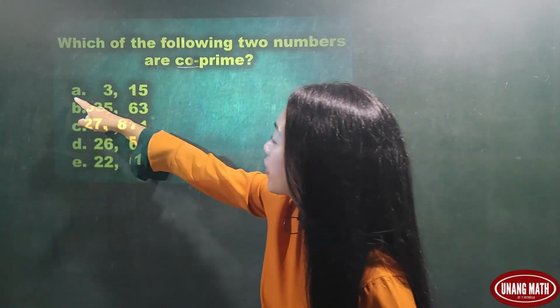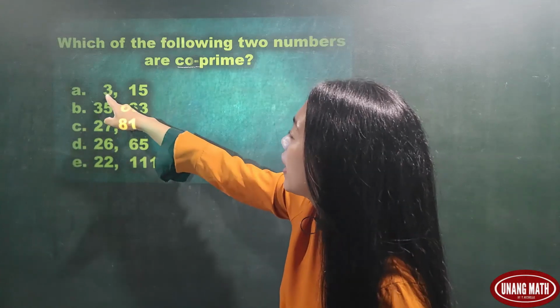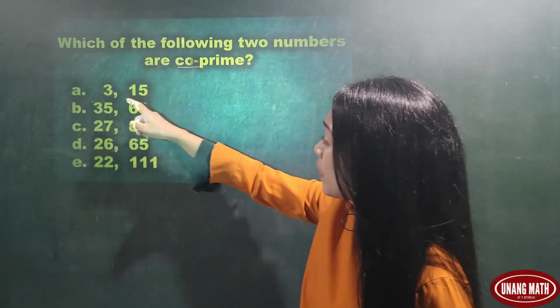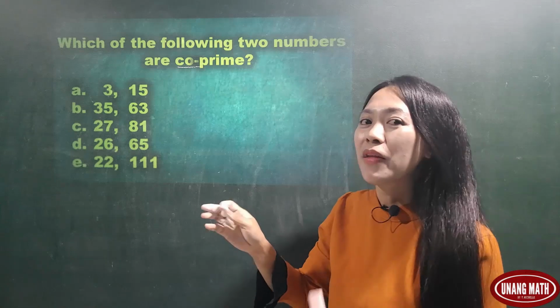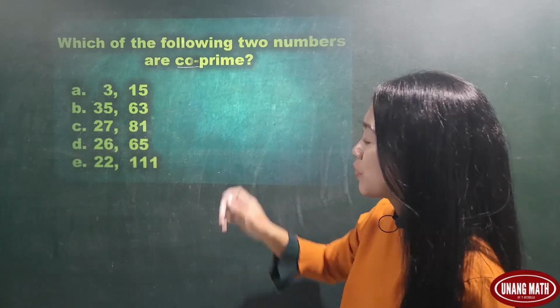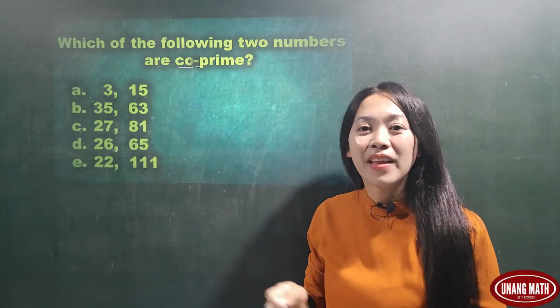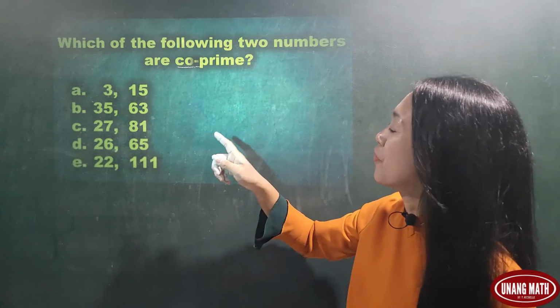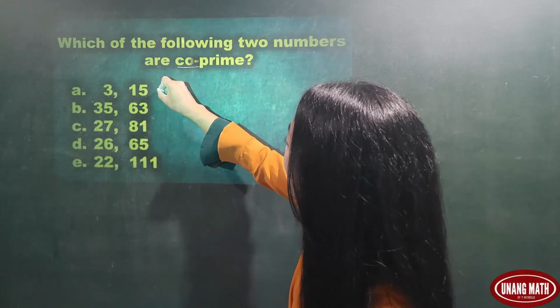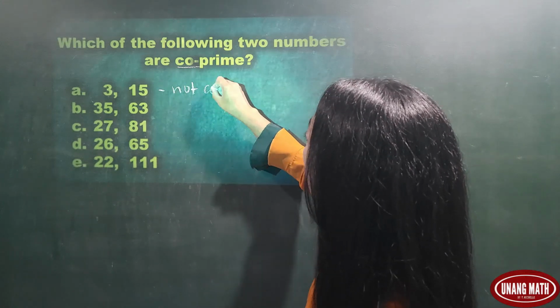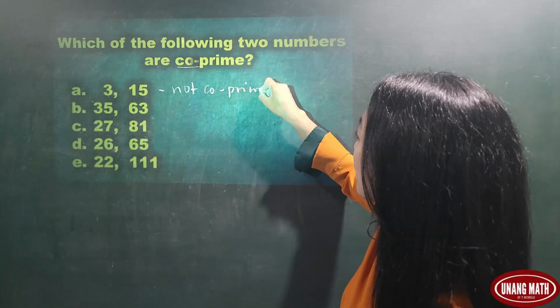Let's have the first pair of numbers, 3 and 15. We can divide 3 and 15 both by 3. So aside from 1, 3 is also a common factor of 3 and 15. So 3 and 15 are not co-prime numbers.